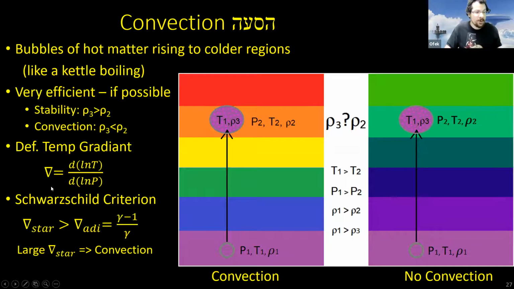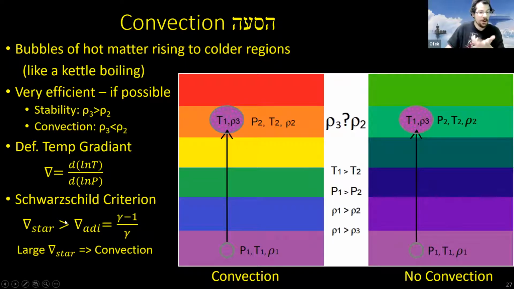And this number you can compare, the given gradient in the star, to the adiabatic gradient. That is, how would this gas naturally behave given its adiabatic index, which we discussed 2 hours ago, this gamma, the polytropic or adiabatic index. If the star's temperature gradient is stronger, that is, if the star changes temperature very, very fast, if there's a strong temperature gradient, it will overcome the environment and you'll get instability and you'll get convection.